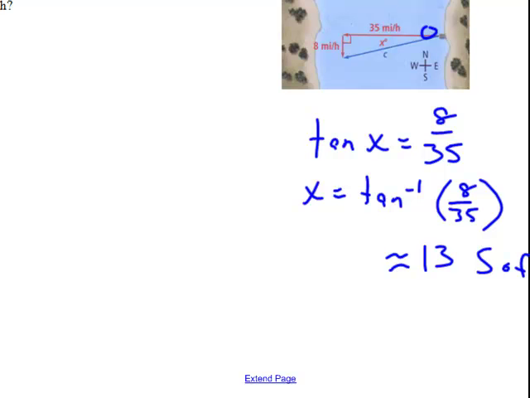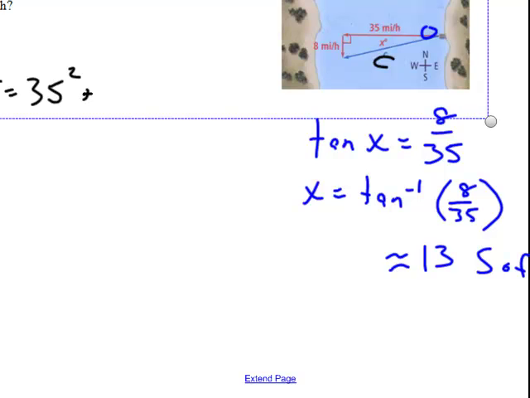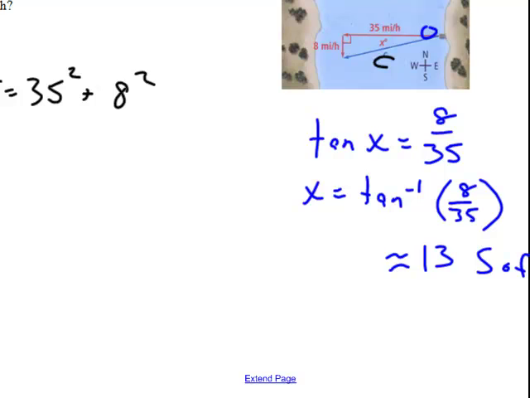How do I find the actual speed? I'm going to use the Pythagorean theorem. And so here's the speed in miles per hour. Let's call it c, because I've already said it was c. So c squared is equal to 35 squared plus 8 squared. C squared is equal to 1225 plus 64.